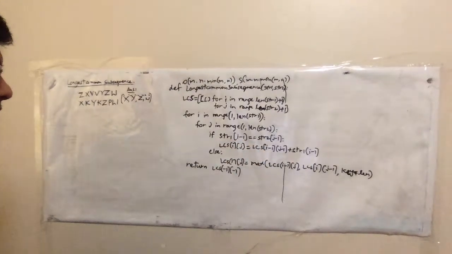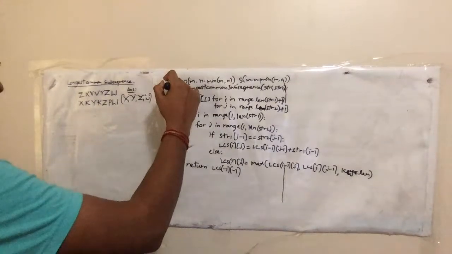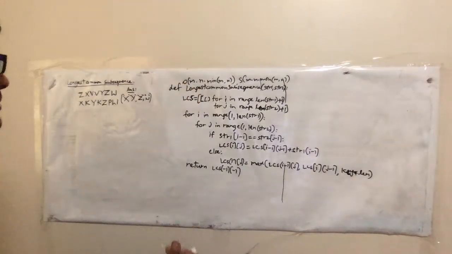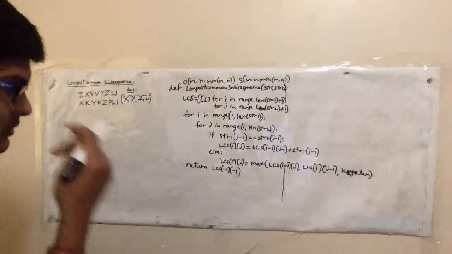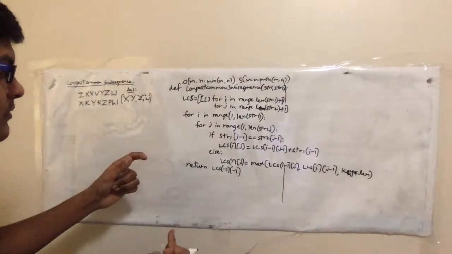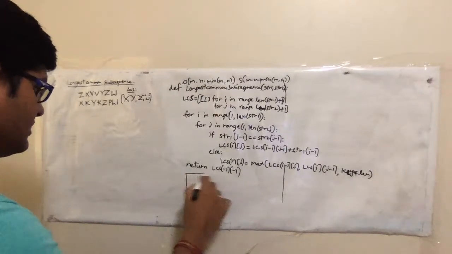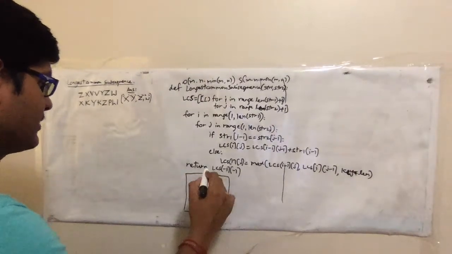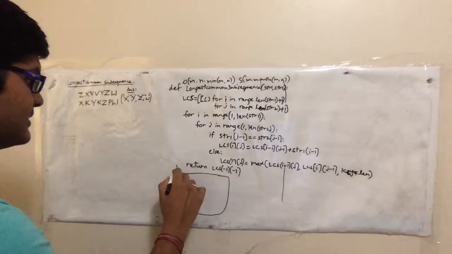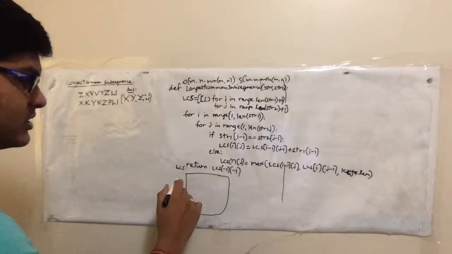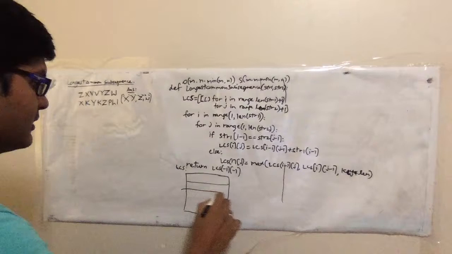That's the major thing here, and I need to store it some other way. We can do a similar thing, say we have this LCS two-dimensional array.